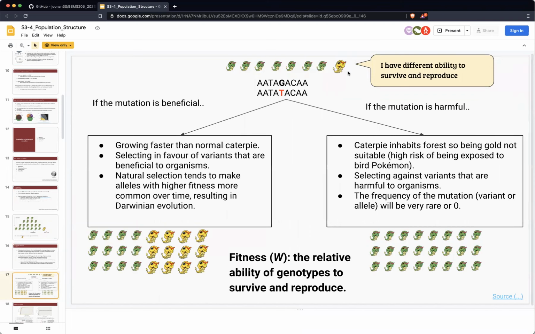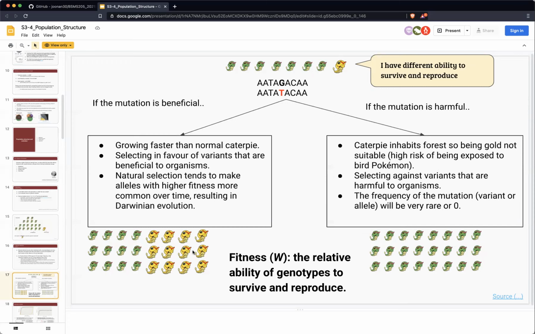If the mutation is beneficial, then these individuals have many more offspring, and after a few generations, if you look at the population, the majority of the population is probably the shiny caterpillar, compared to the normal caterpillar.